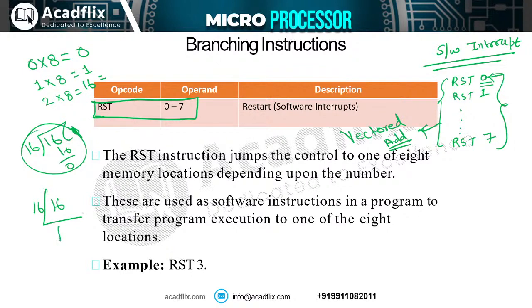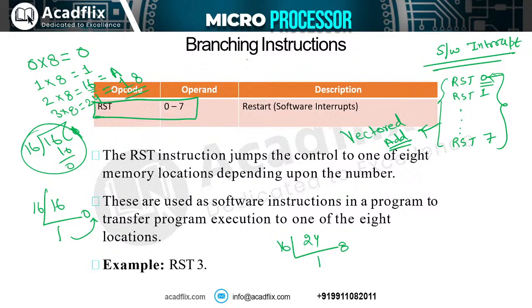So 16 divided by 16 is 1 and remainder 0, that means 10. So the jump address will be 10. Decimal 16 means hexadecimal 10. So 3 into 8 means 24, and 24 in hexadecimal will be 18. So 18 will be the jump address for RST 3.